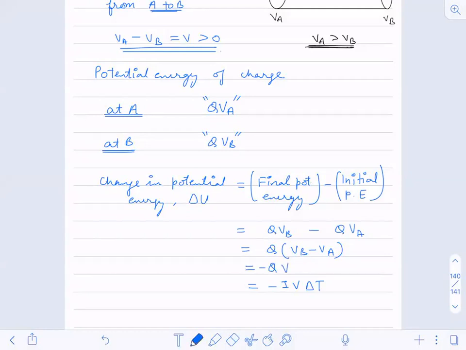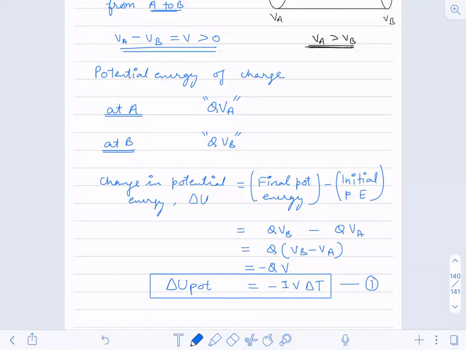Delta T is the time in which current I is flowing. So this is the change in potential energy, and let us assume this is my equation number 1.